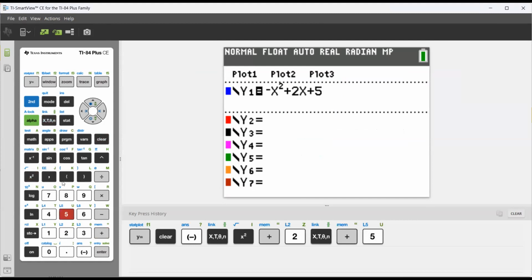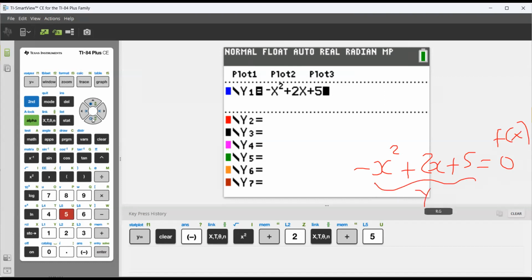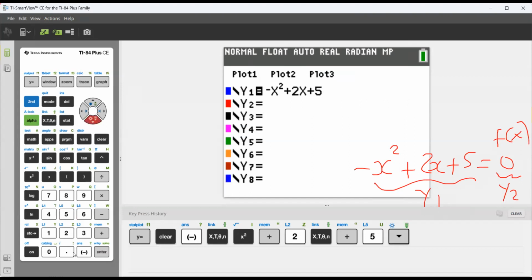Now we know from what we've done previously that for the x-intercept, really you have negative x squared plus 2x plus 5 equals 0, right? Because y is 0 and f of x is y. So this is going to be your y1 and this is going to be your y2. So I'm going to put 0 in for y2, so I go down and then I put in 0.